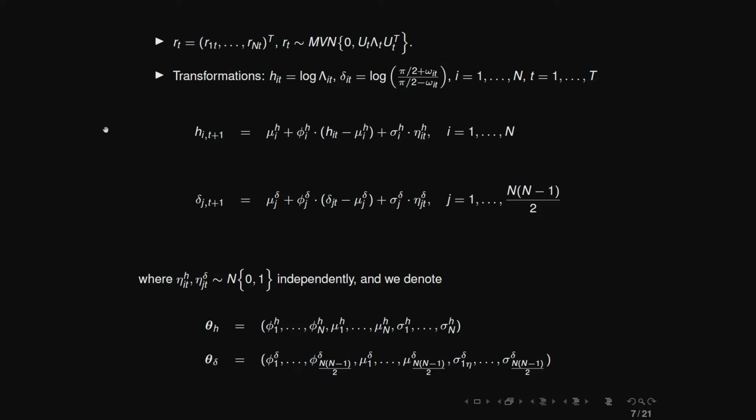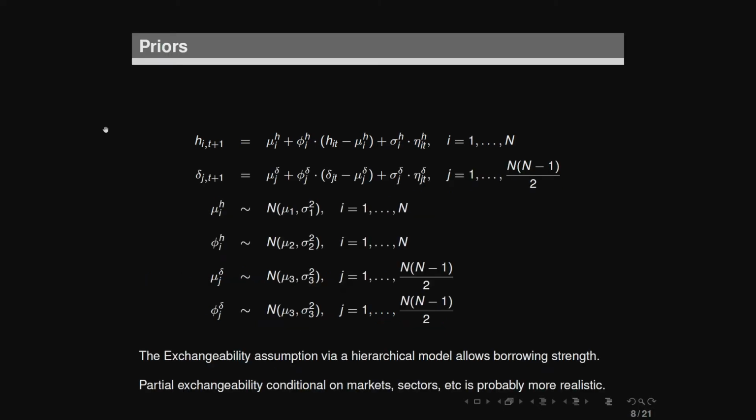Now, since I'm Bayesian, I have a series of autoregressive one processes. These are all latent processes, because my observed data are returns, and these are covariance matrices. Maybe I would like to impose some kind of structure on the prior, and the natural but not necessarily important prior structure is to assume some kind of exchangeability between the parameters of every autoregressive one process.